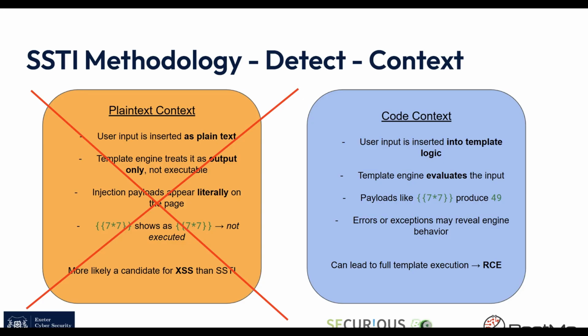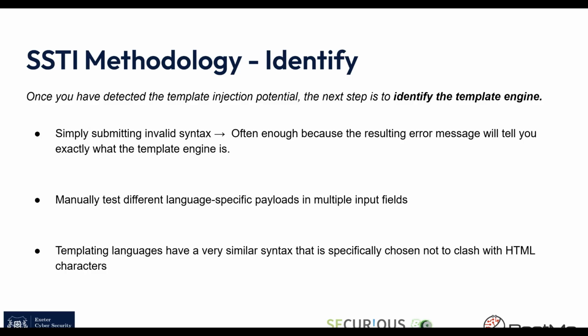So now we've detected the possibility of a server-side template injection. Let's go a bit more in depth and see if we can identify the templating engine so we can really start making our payload. To identify, you will start submitting invalid syntax related to the possible templates. That's where we start getting really specific, in that you have to do your research. Manually, you will test different languages, but you can also do it with automatic tools.